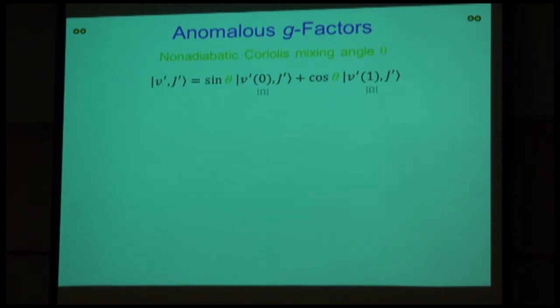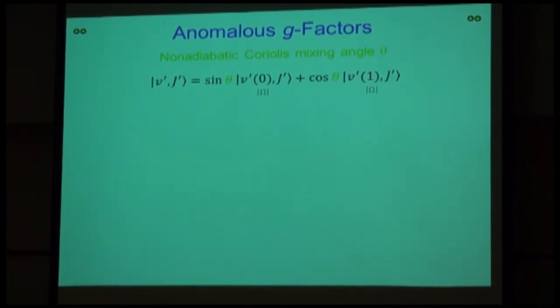Without any non-adiabatic mixing, the levels belonging to each of them would have fixed G factors. In fact, one would be 0 and one would be 3/4. But that's completely not what we see. Therefore, we conclude that there is strong non-adiabatic, or so-called Coriolis, mixing between them.